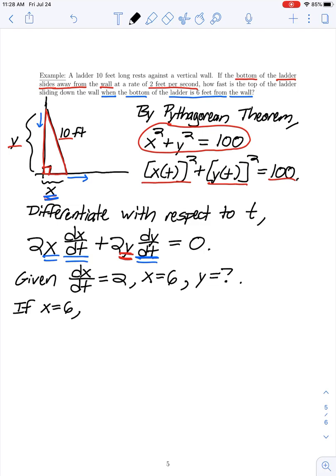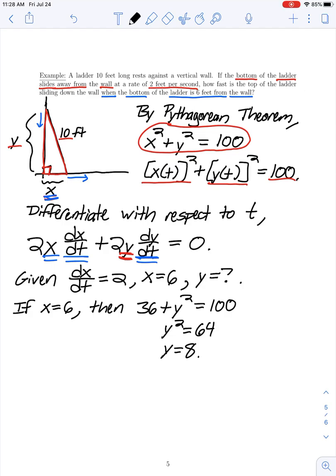If x is equal to 6, then the Pythagorean theorem gives us x squared, which is 36 in this case, plus y squared is equal to 100. So solving for y, we have y squared is 100 minus 36, or 64. And then taking the square root of both sides, we would have y is equal to 8. No positive or negative, since y represents a distance. It has to be a positive 8.